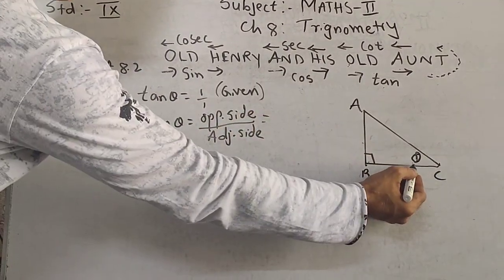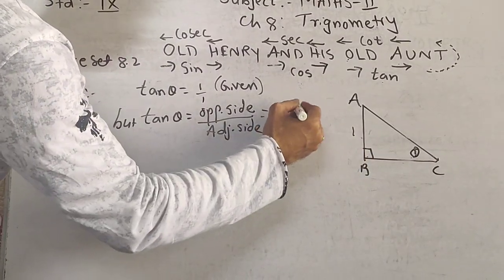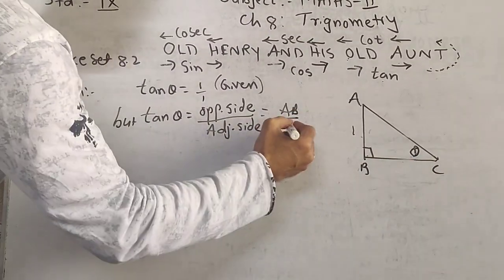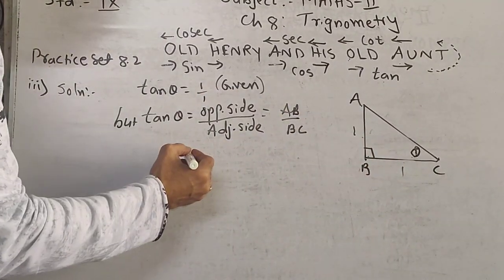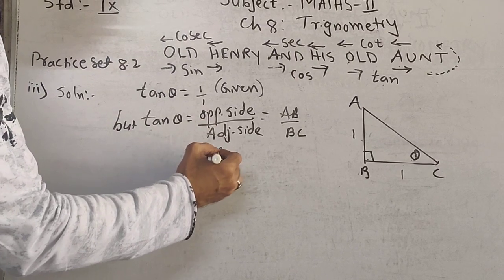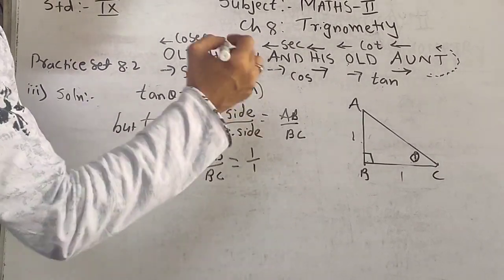So theta is here, opposite side is this, so AB, and adjacent side is BC. Okay, BC is also 1. Therefore AB upon BC is equal to 1 upon 1.